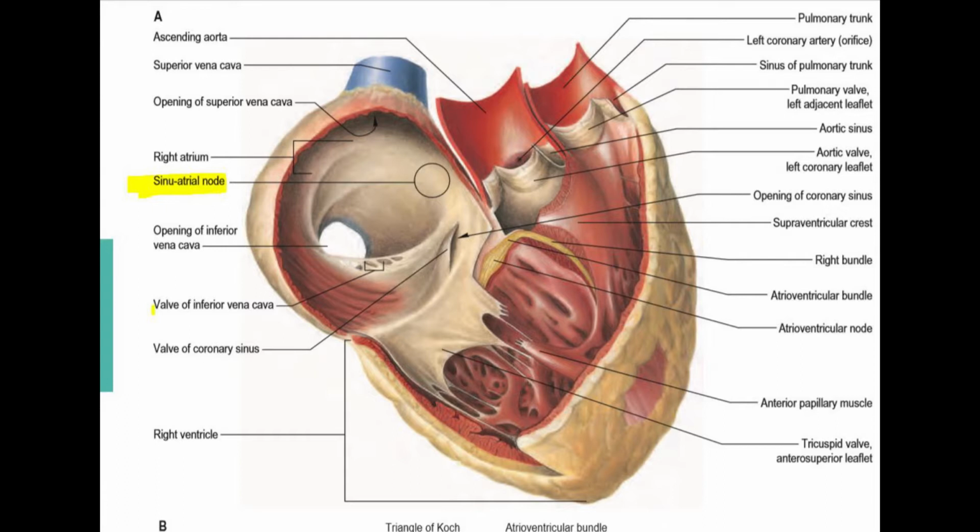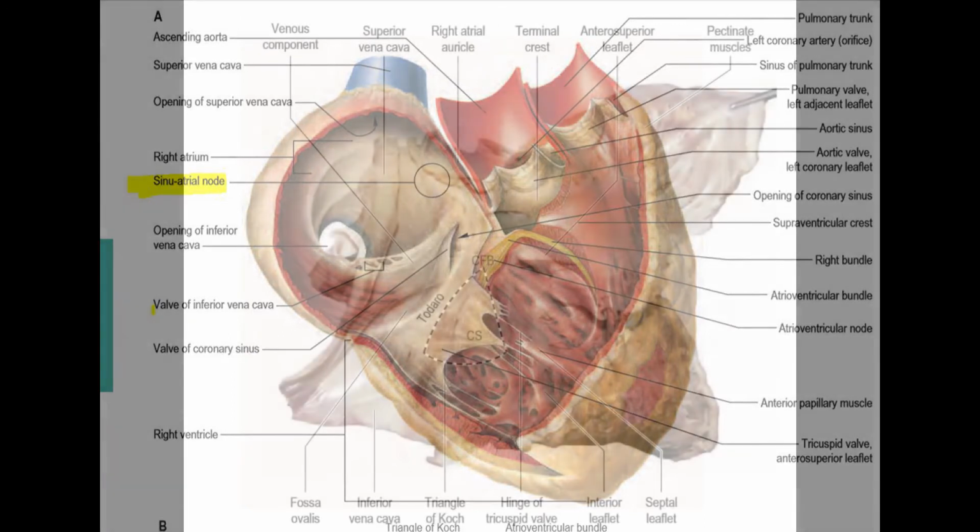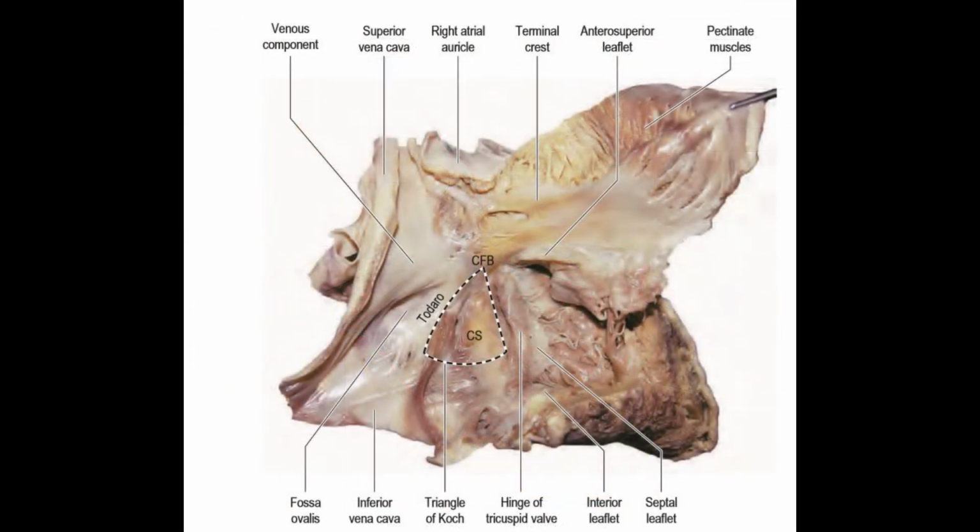I stand corrected: it's not at the end, but on the superior part of the groove, inferolateral to the orifice of the superior vena cava. So below and to the side of the superior vena cava, there's the sinoatrial node.